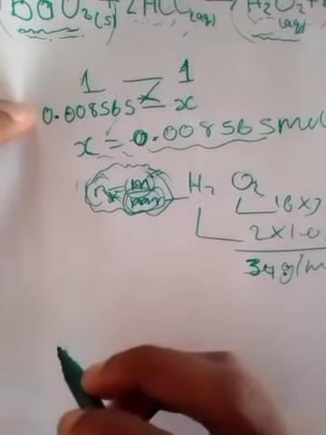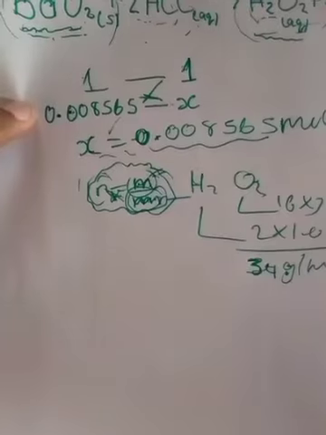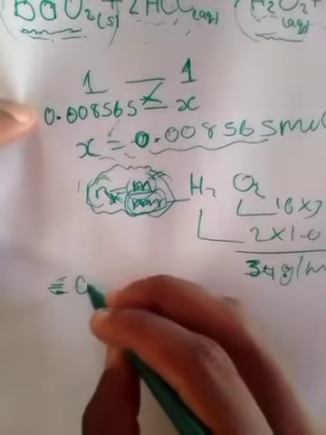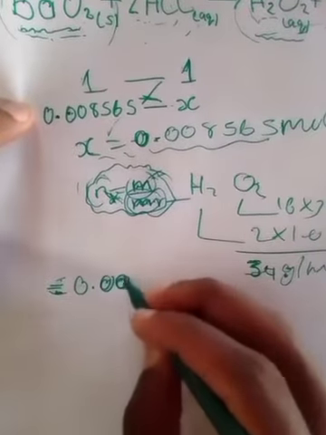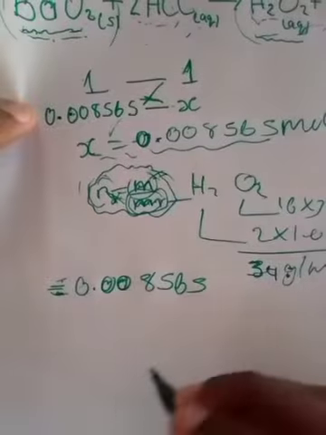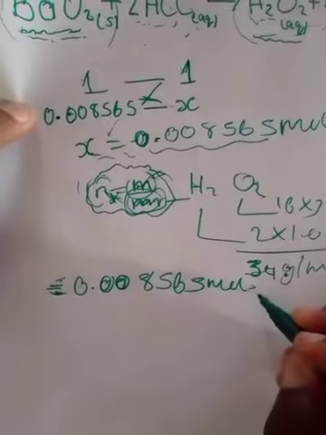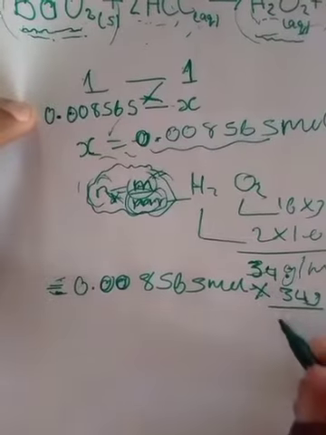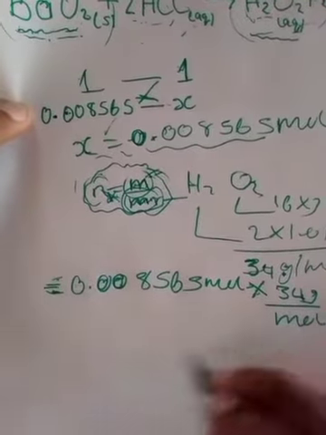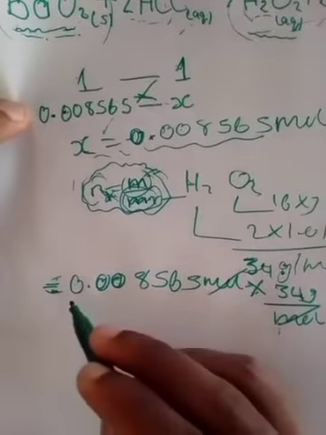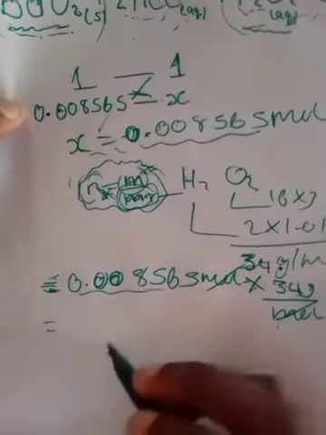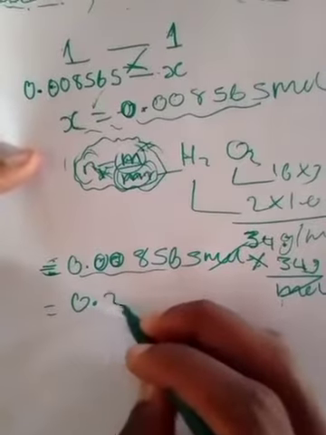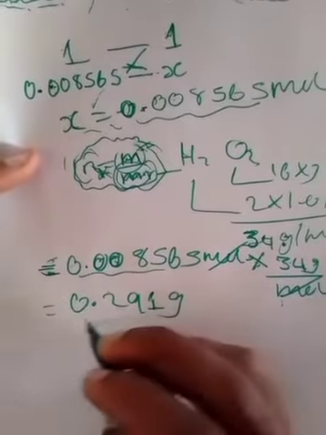Now you use dimensional analysis. I already have the number of moles, that is 0.00865 moles, times 34 grams per mole. The moles cancel, and you're just left with this number times 34. When you multiply, you get 0.291 grams, since you're just left with the grams.